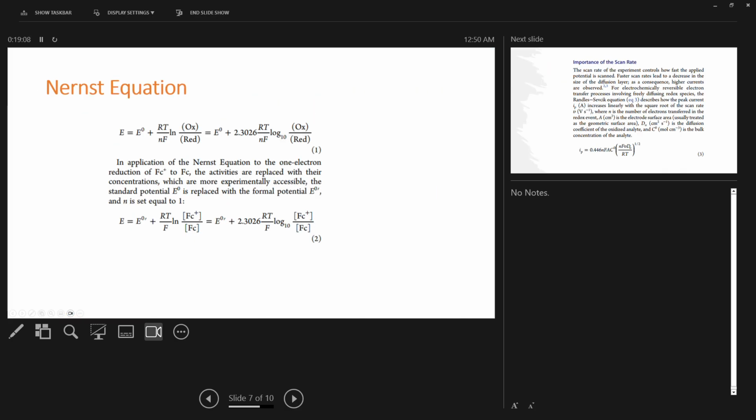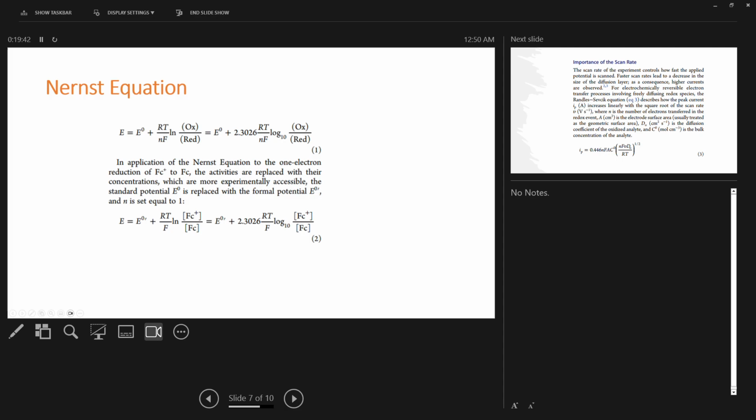We know the universal gas constant and all these constants, and the concentrations of ferrocenium and ferrocene, the oxidized form and the reduced form. So by knowing all these, we can find E, or by knowing E and E0, we can find the concentrations. The Nernst equation also shows what happens to the concentration of species when we change E.